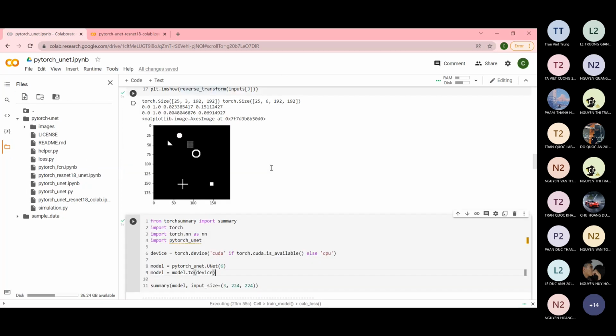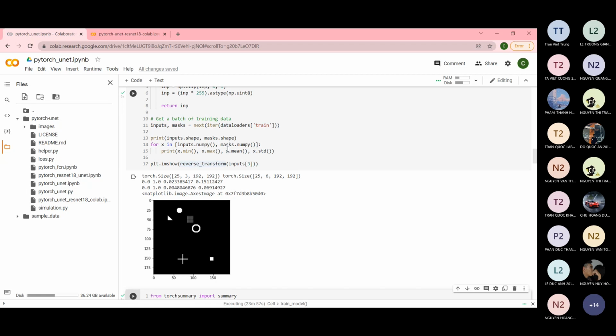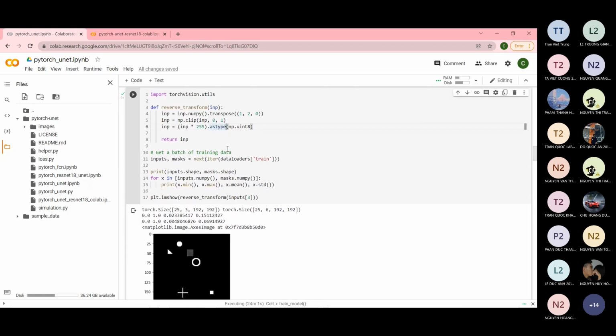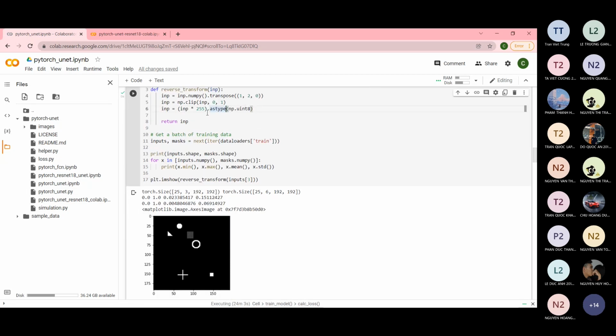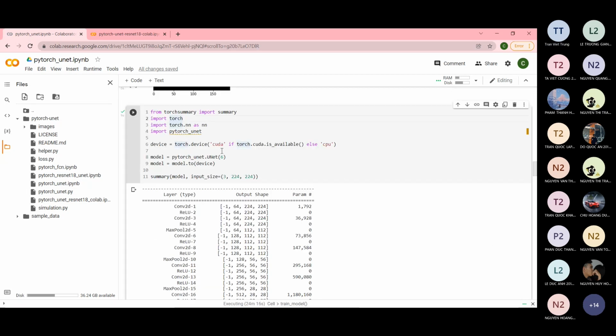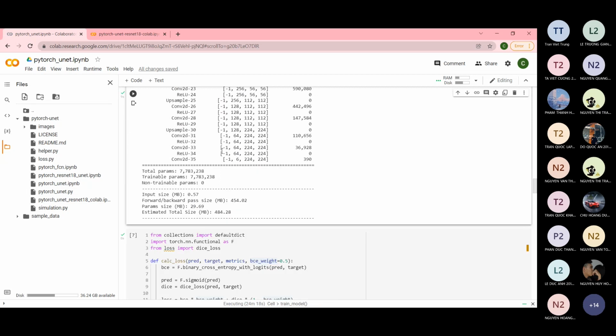I'm sorry. I think it is trying to transform the image, because as we can see here, it clamped the image pixel from 0 to 1, and then they multiply it by 255.